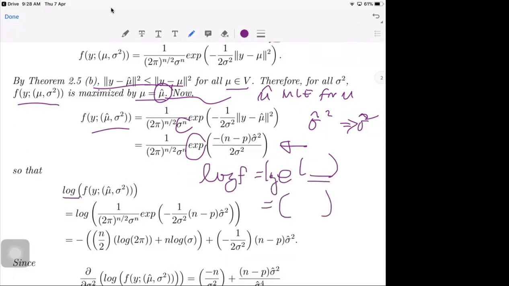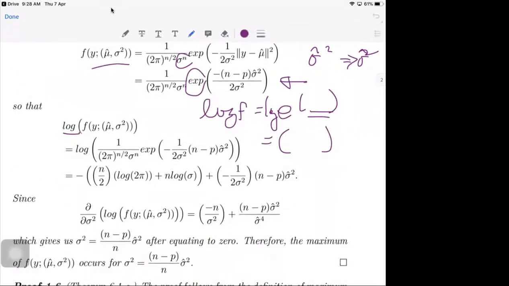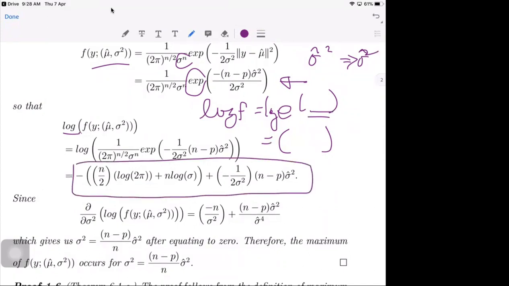So if you get the log of the density, that is equal to the log of e to the something, which is just equal to this term.